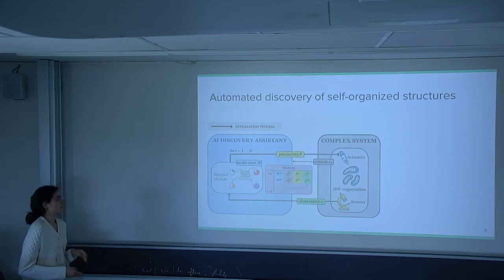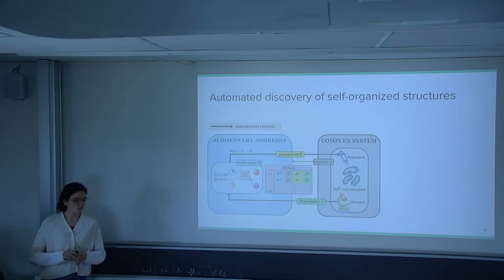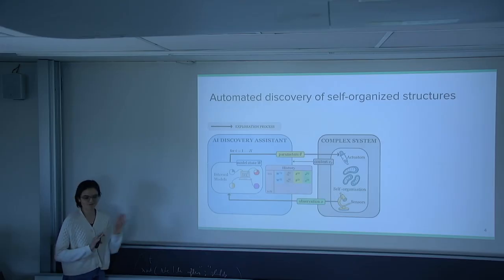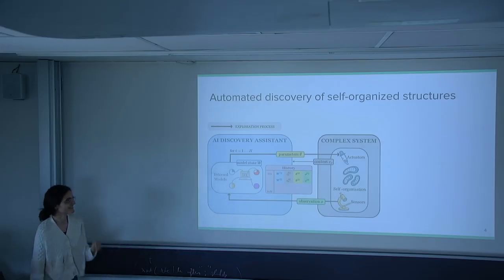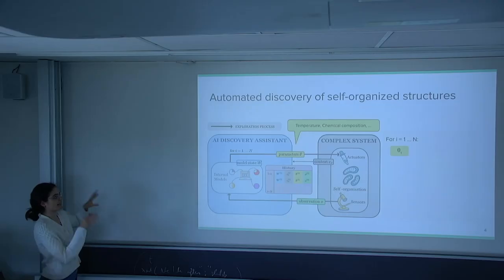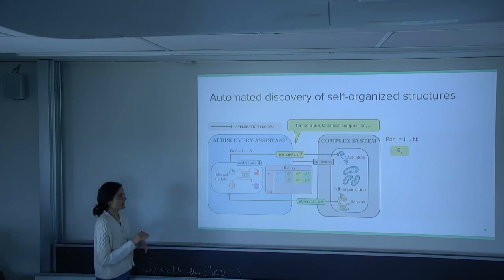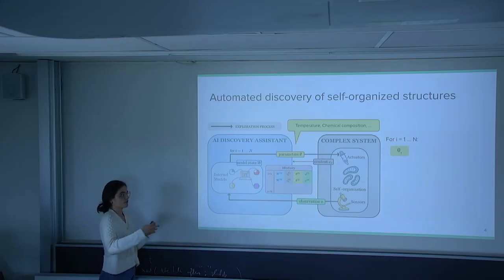That's what I framed in my PhD as the automated discovery problem. Clem already talked about it a bit this morning, so it might be a bit redundant, but it's always good. Automated discovery is the idea that you can use an AI as a discovery assistant to drive exploration in a complex system. The AI is in charge of generating the sequence of parameters, like the sequence of experiments you would try.